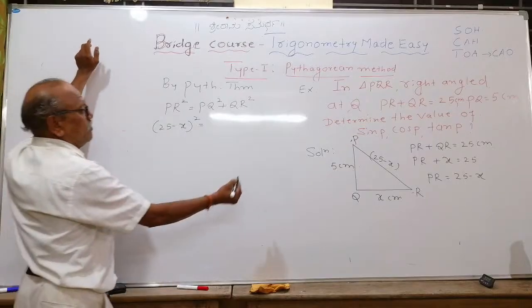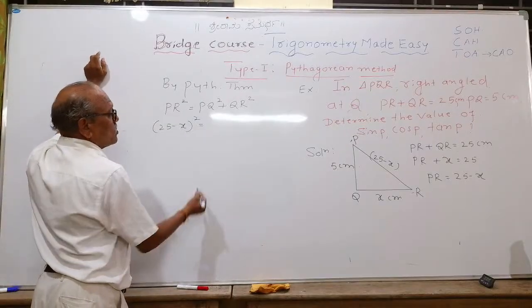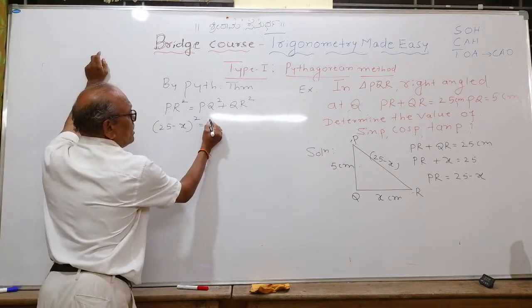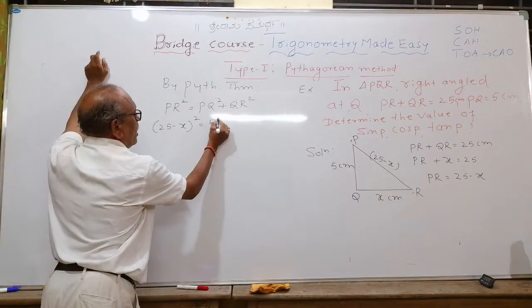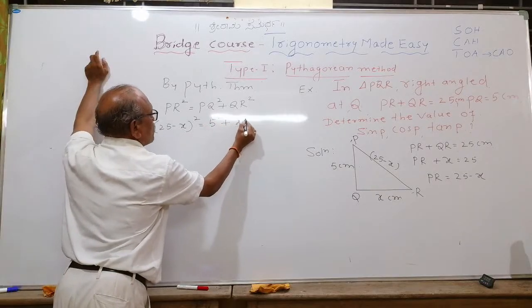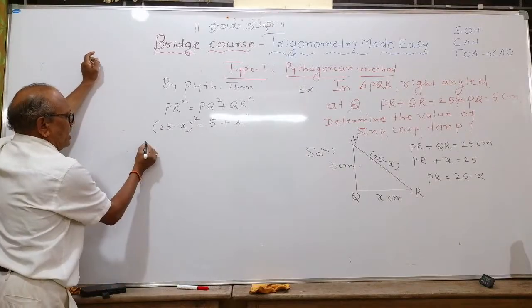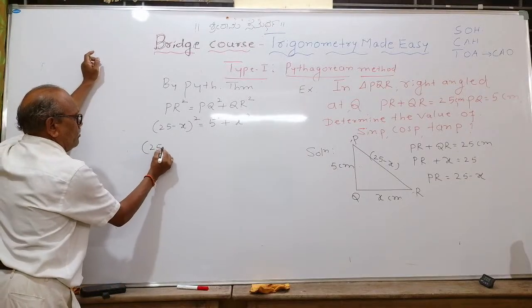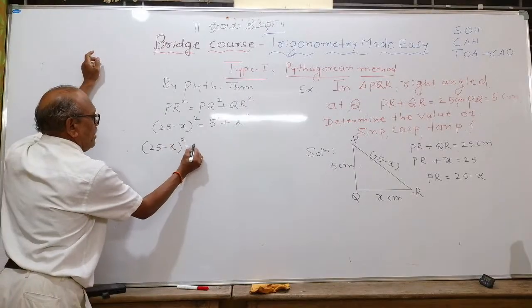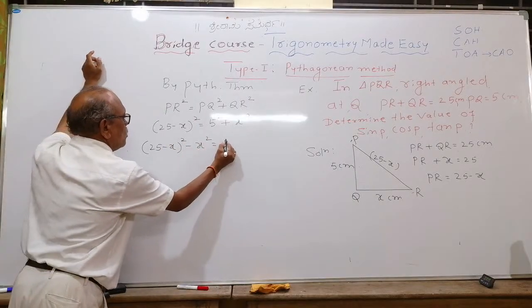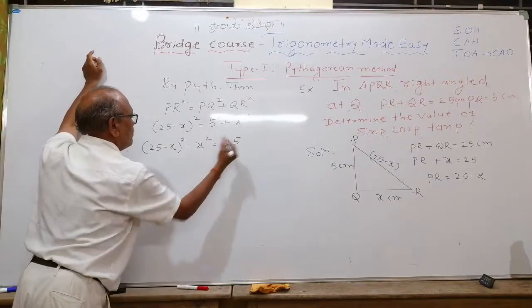Then PQ square is 5 square. And QR square is X square. And take X square to the left. What do you get? 25 minus X whole square minus X square is equal to 25.